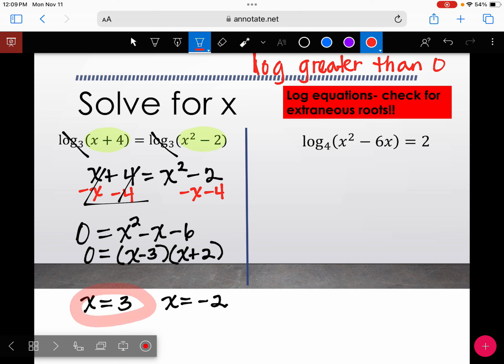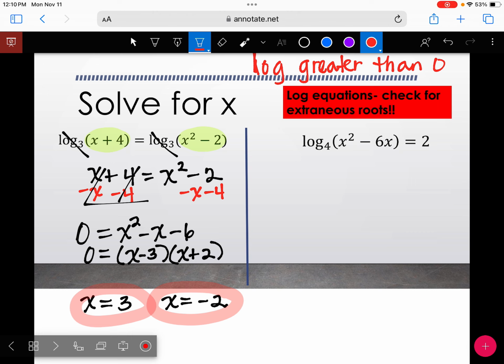Now let's do the same thing with -2. -2 plus 4 is 2. That's okay, right? What about -2 squared minus 2? Yep. So they both work, and we actually have 2 answers. Now I want you to be careful because they don't always work. That's the red light you have to check for.